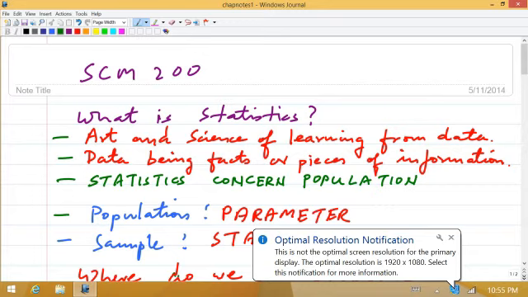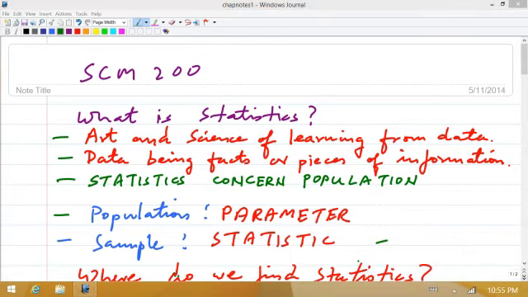When we talk about data, we talk about population. We collect samples from the population, and we try to make some sense about the characteristics of the population.